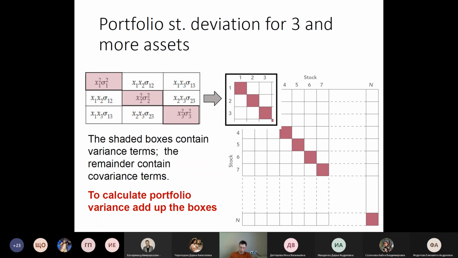Alternatively, as you did in your first homework, you can also estimate the price of the portfolio in different time periods and estimate the variance of this price of the portfolio.